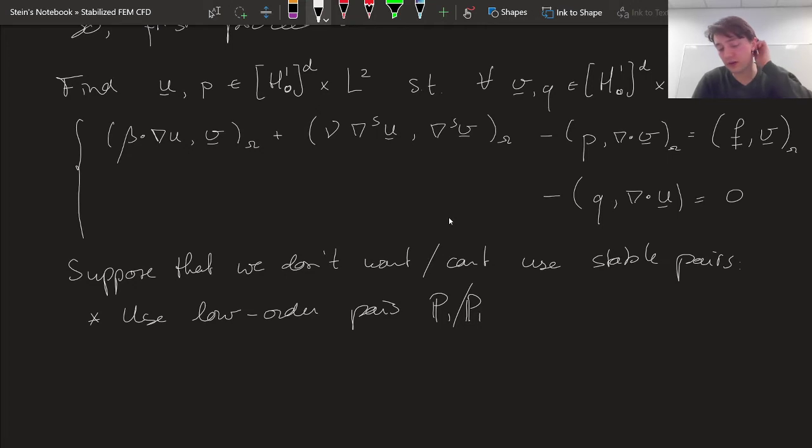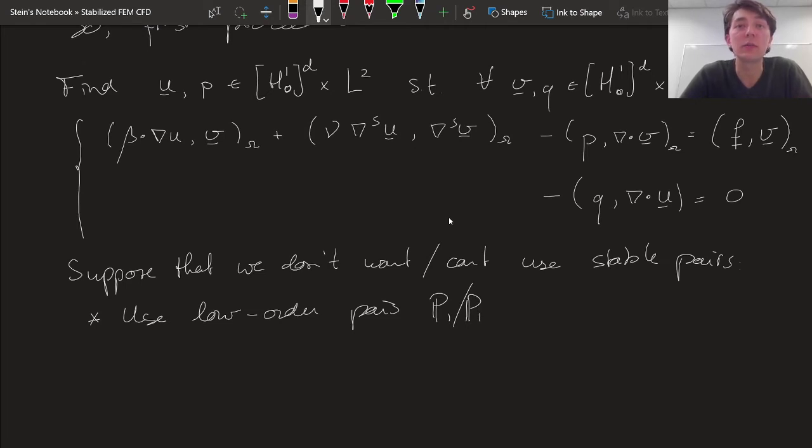Yeah, so we know that this is not a stable element, but maybe we only implemented linear basis functions, or we're extending from a finite element code for solids, and that's where we have these basis functions implemented. Or in general, this is typically the first set of basis functions that you would try.